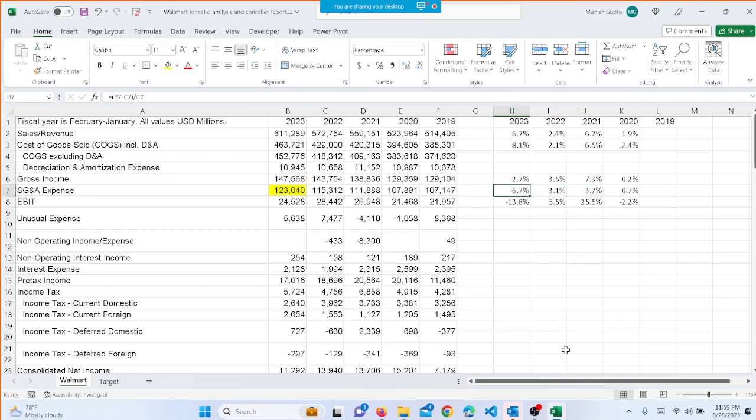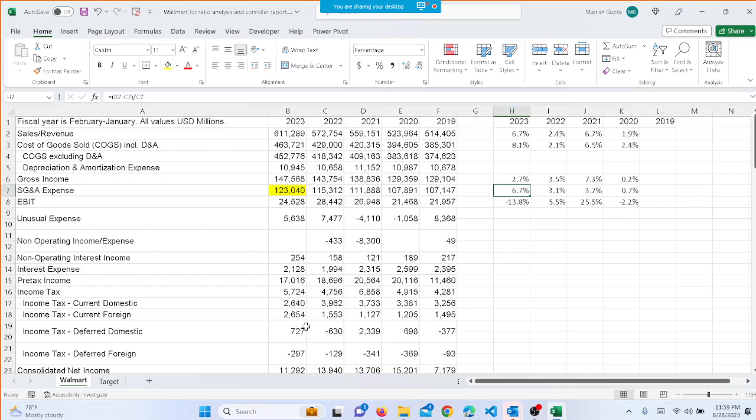So it could be a permanent change in the business model, or it could be a one-off incident in 2023, which can happen. If it's a one-time incident, you have to ignore it, right? Or if it's a regular scenario, then you have to take care of it as a permanent change in the business structure.